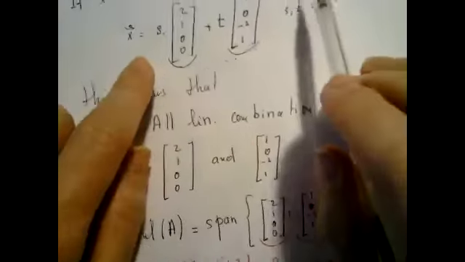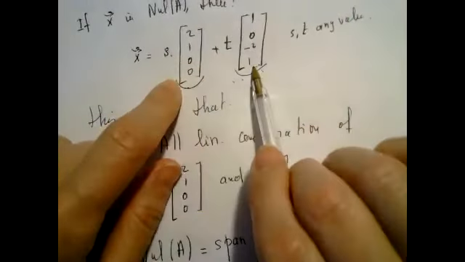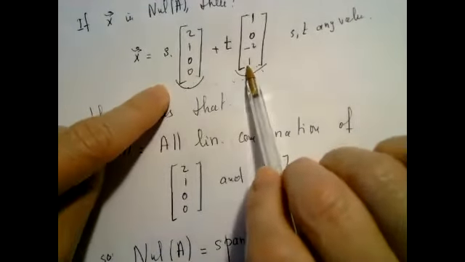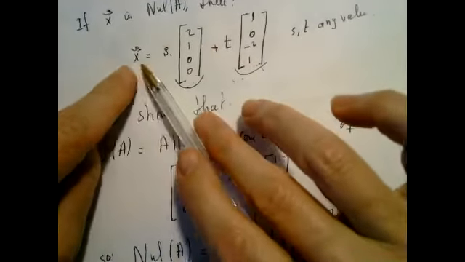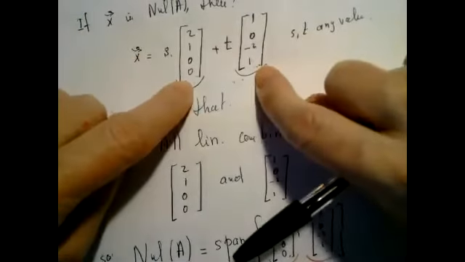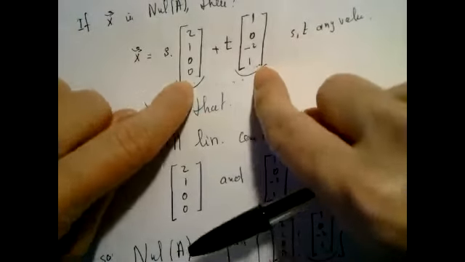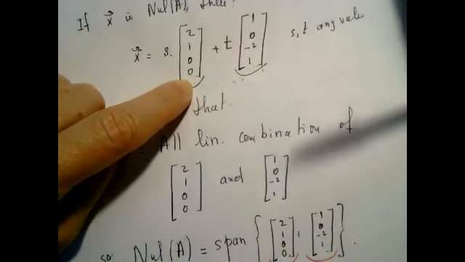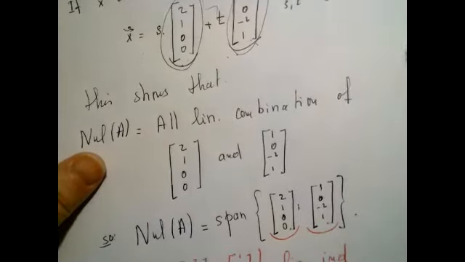Once we write it in parametric vector form, those 2 vectors we get will actually be the basis, because this is telling me the null space is nothing more than the span of those 2 vectors. And those will always be linearly independent. You don't even have to check them. There is a theorem that tells me that. So the basis for the null space will consist of this vector and this vector.